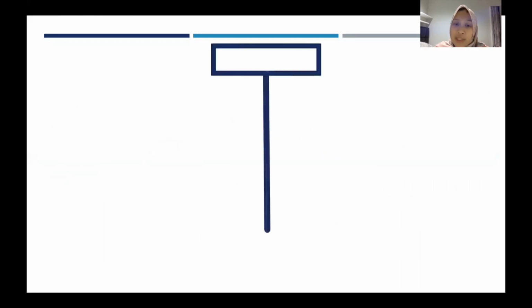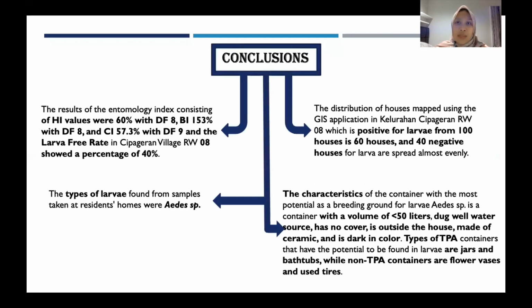The conclusion from this study: the entomology index consists of a house index value of 60, a breeding index of 140.53%, and a container index of 57.3%, and the larva free rate in CIPAGERAN village, especially in RW 8, showed a percentage of 14%.